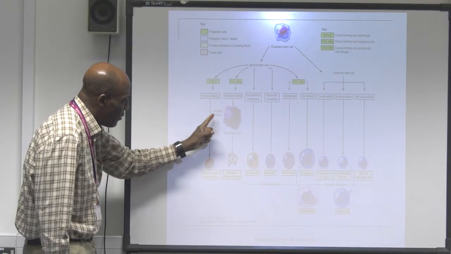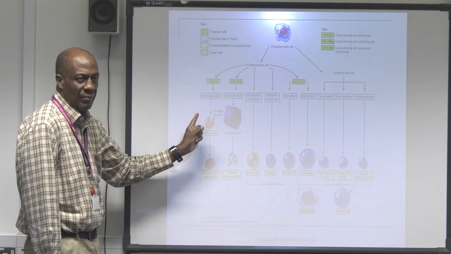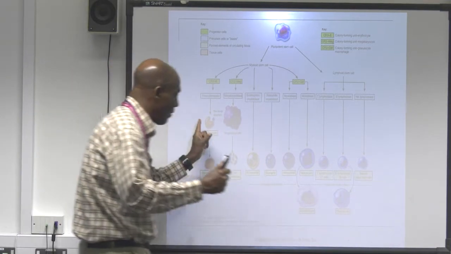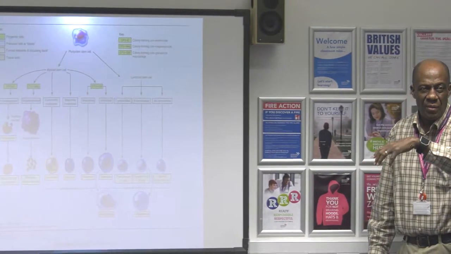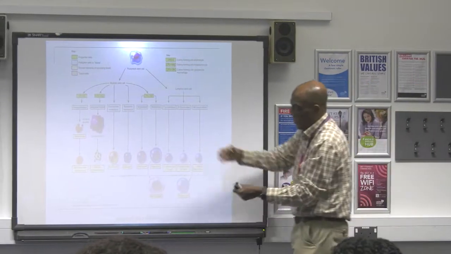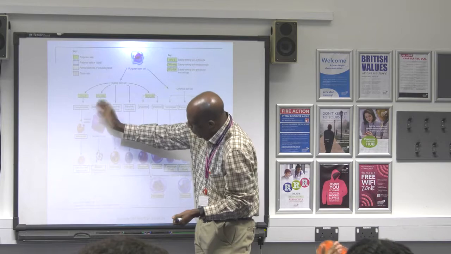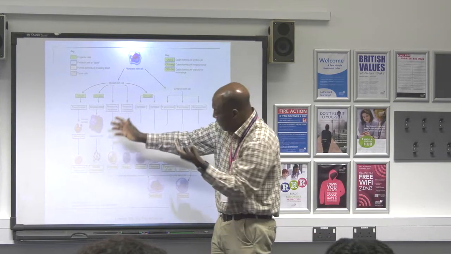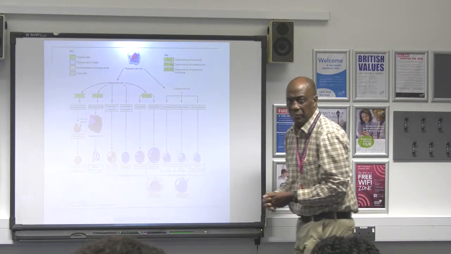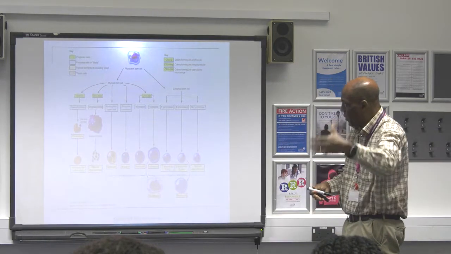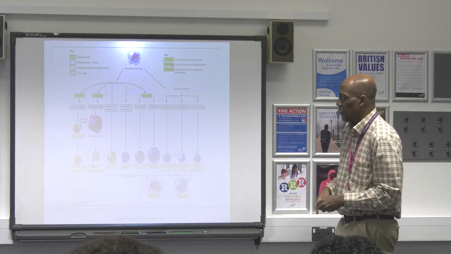And a nucleus is lost. So at the beginning of the formation of the red blood cell, there exists a nucleus. But at a certain point along its journey, it loses the nucleus. And when the nucleus is lost, our red blood cell is formed. And then that is what helps us to do all sorts.